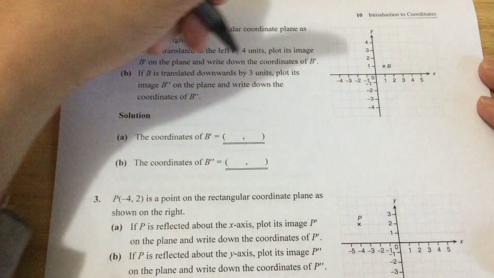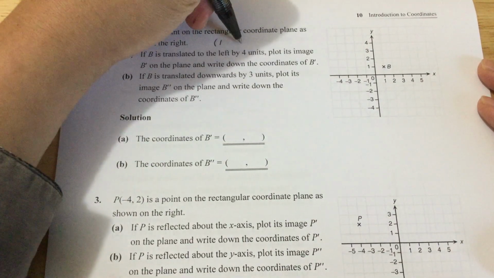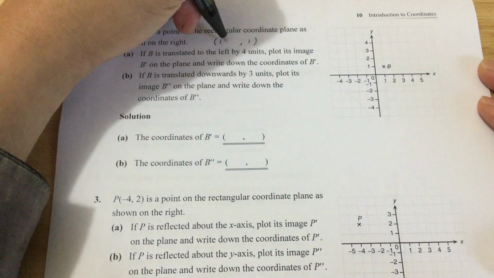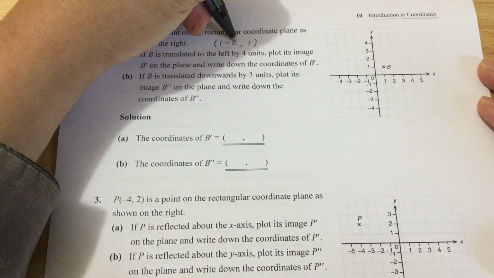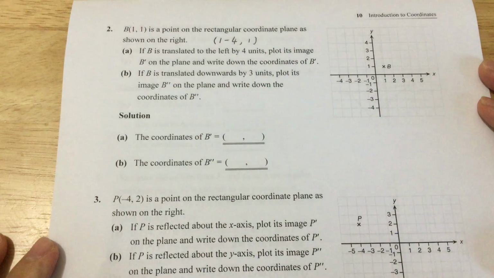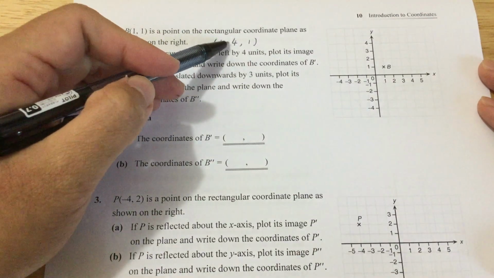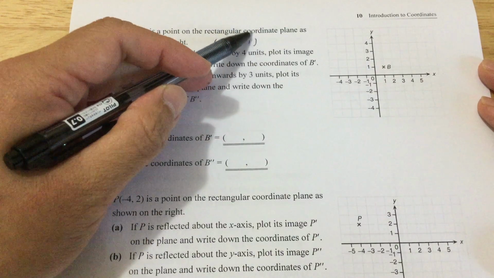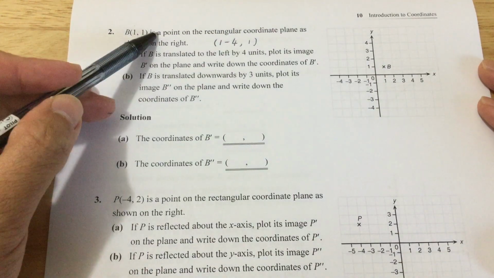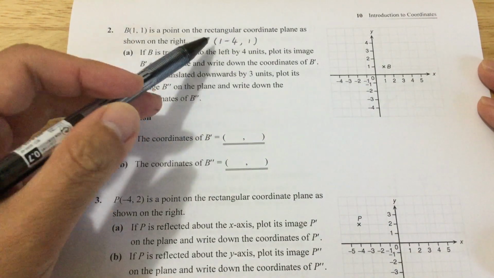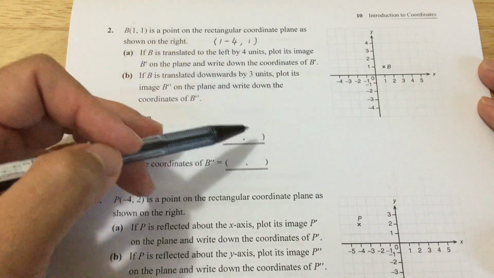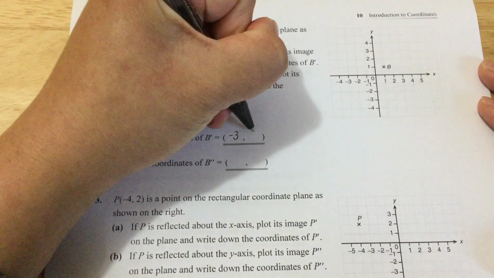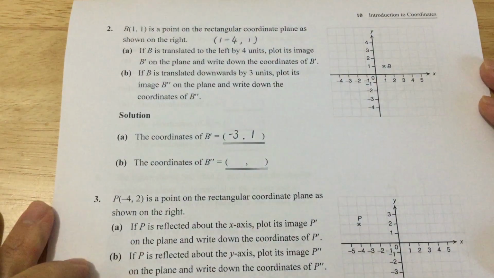So we will have 1, 1. Because it goes to the left, that means this is 4. So you can see this is 1 minus 4, comma 1. The y coordinate will not change because we do not go upward or downward here. So we can write down the answer immediately for B prime: 1 minus 4 is negative 3, and then we have 1 here for this one.